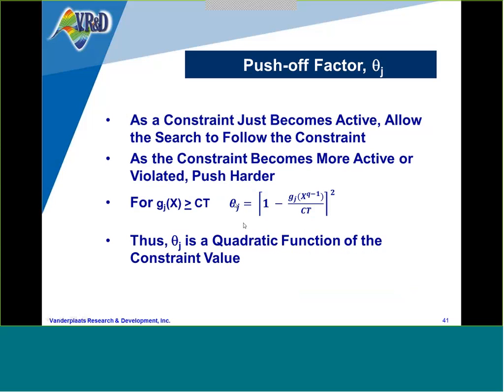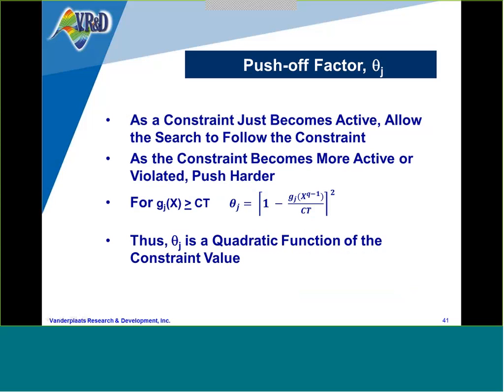That's a quadratic function. And so the philosophy here has always been to try to mimic the mind of a good engineer. And what a good engineer does is, if he knows he's getting near the constraint bound, say he's doing structural design and he calculates a stress of 15,000 psi with a bound of 20,000, he starts to worry about it and he'll start to push away from it.